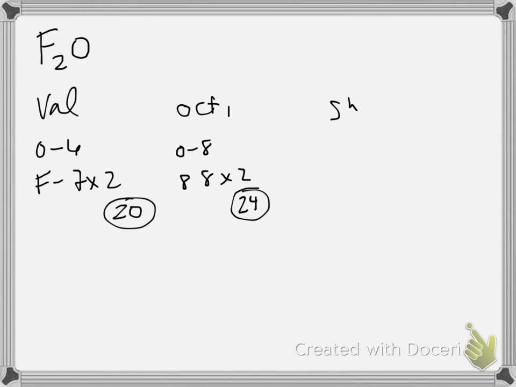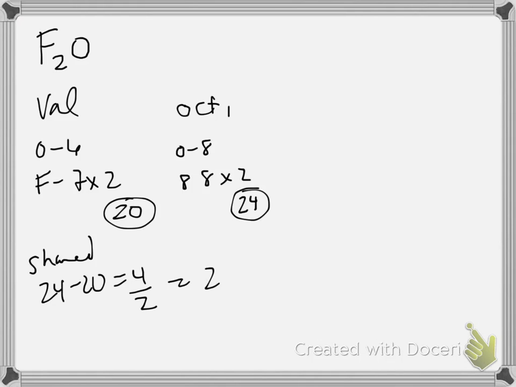So shared, 24 minus 20, so 4 shared, which means 2 bonds. And how many unshared? Well, they're sharing 4. They have 20, so 20 minus 4, 16 unshared.